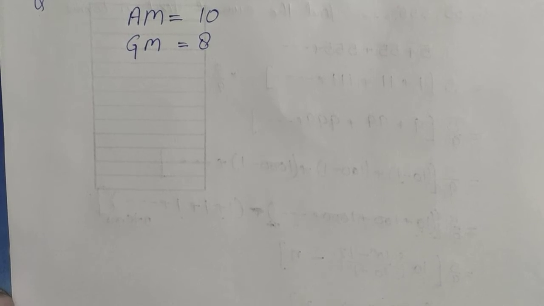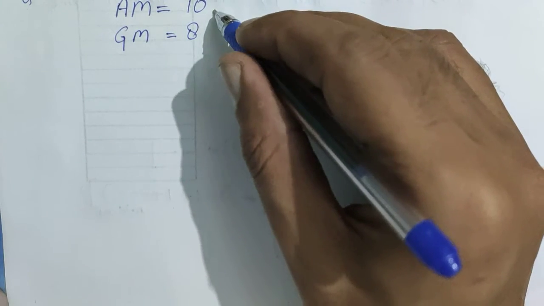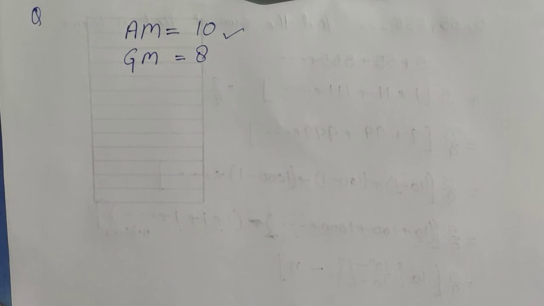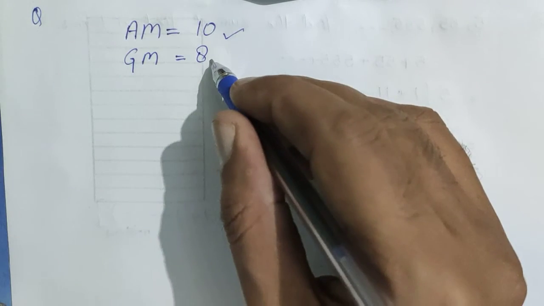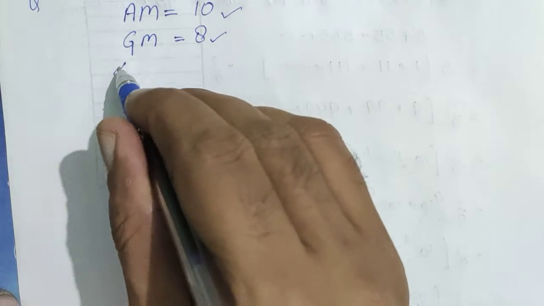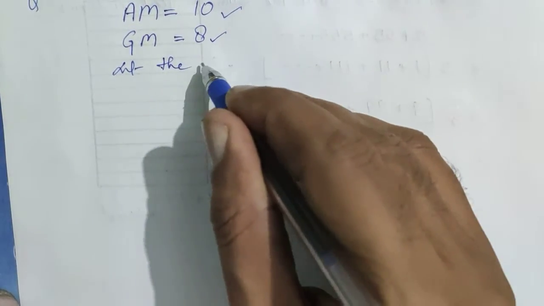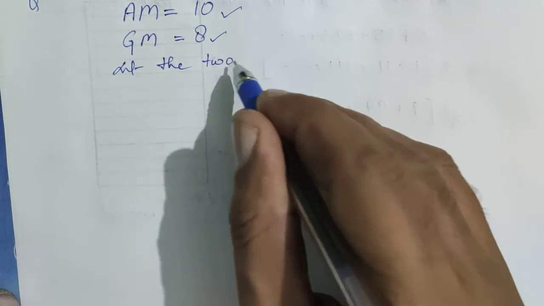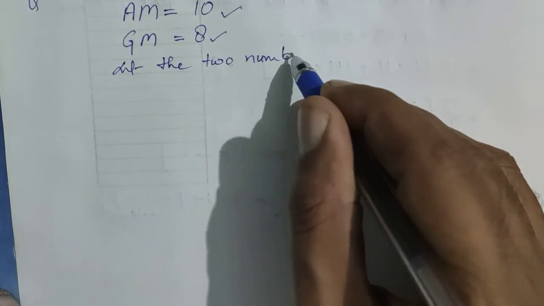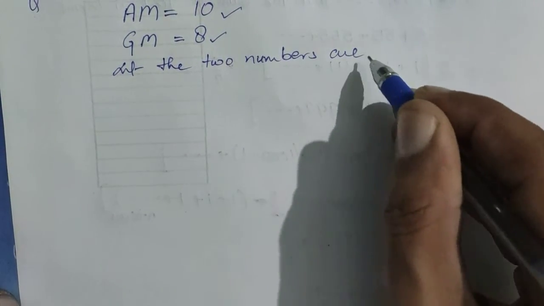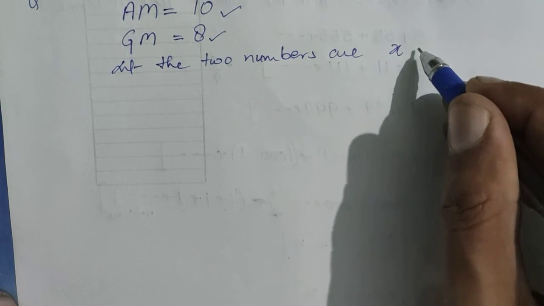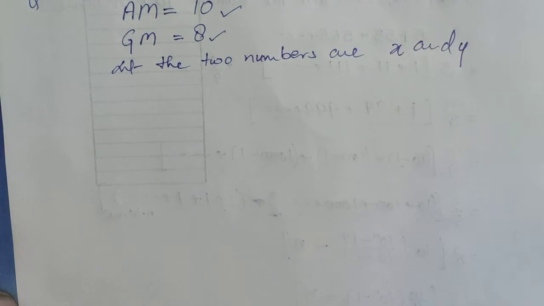Now we have been given a question that the arithmetic mean between two numbers is 10 and the geometric mean between the same two numbers is 8. We need to find the two numbers. So let the two numbers be x and y.